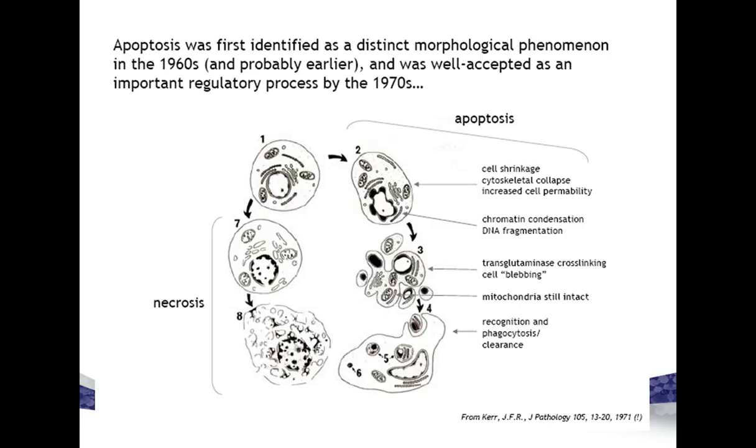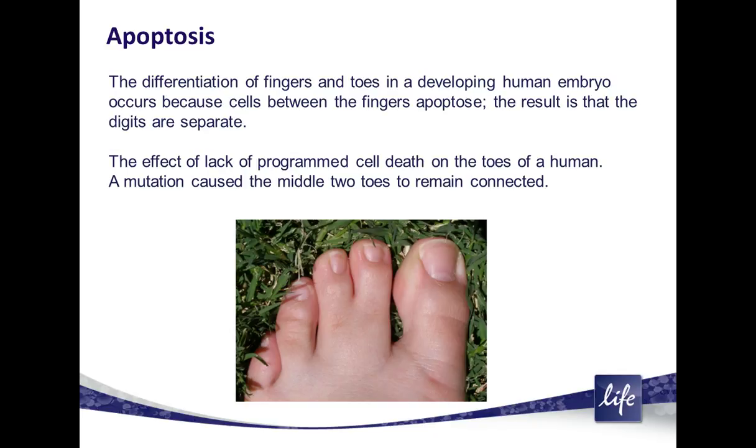Apoptosis was first identified as a distinctive morphological occurrence in the 1960s, and by the 1970s as a well-accepted process. It involves cell shrinkage, cytoskeletal collapse, increased cell permeability, chromatin condensation, DNA fragmentation, cell blebbing, and finally recognition and phagocytosis for removal from the system without inflammation.